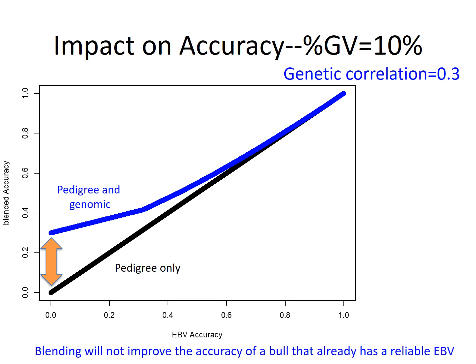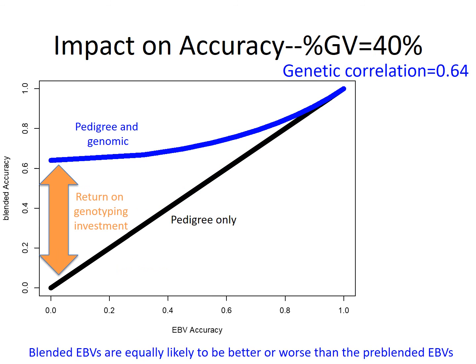The next graph shows you what happens when we have a more accurate test. And here you'll see we get a much larger bump in accuracy when we add genomic information on. And that genomic information will add information unless the bull is very, very reliable, such as a bull which has been progeny tested with thousands of offspring.